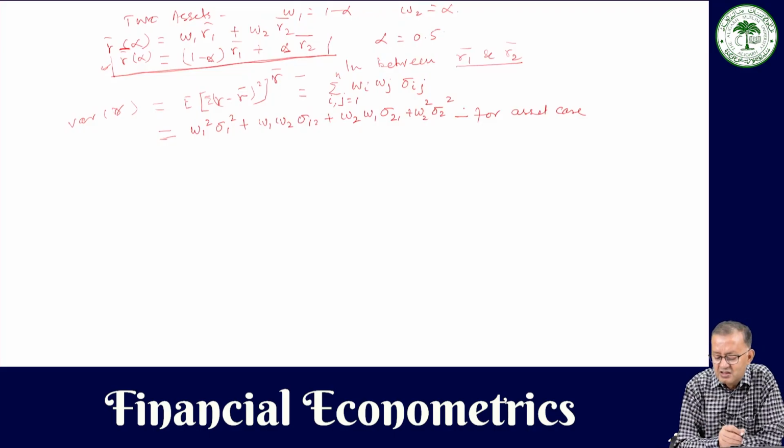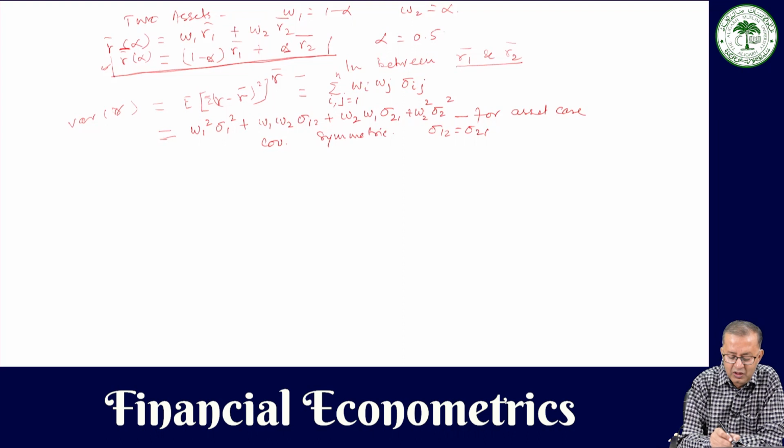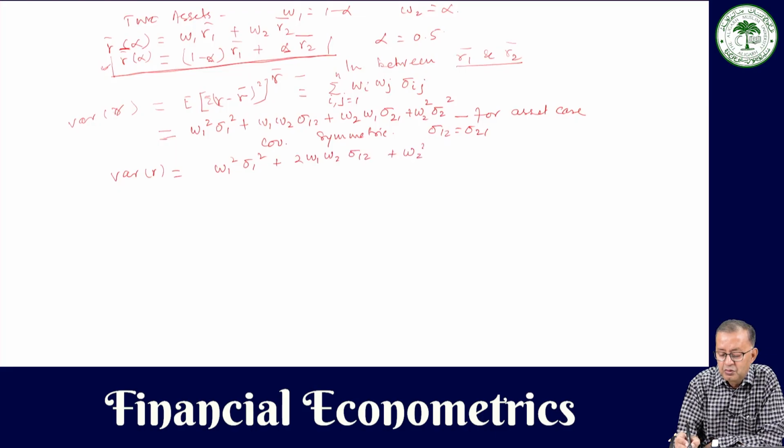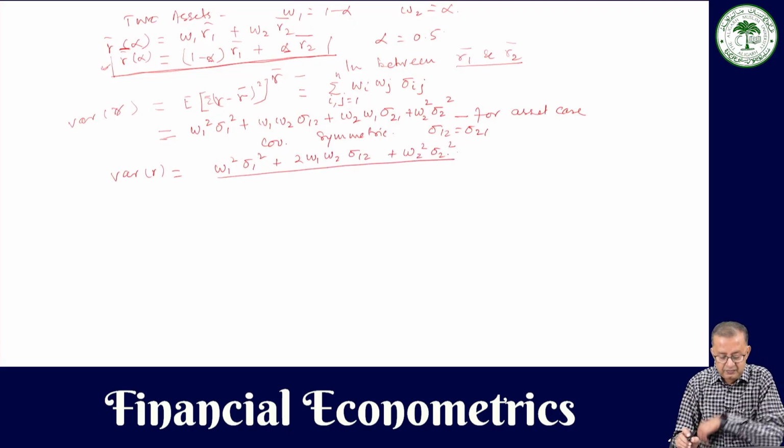Since covariances are symmetric in nature, sigma 1 2 is equal to sigma 2 1. The same equation for variance of R can be written as W1 square sigma 1 square plus twice W1 W2 sigma 1 2 plus W2 square sigma 2 square. This is the variance of R.